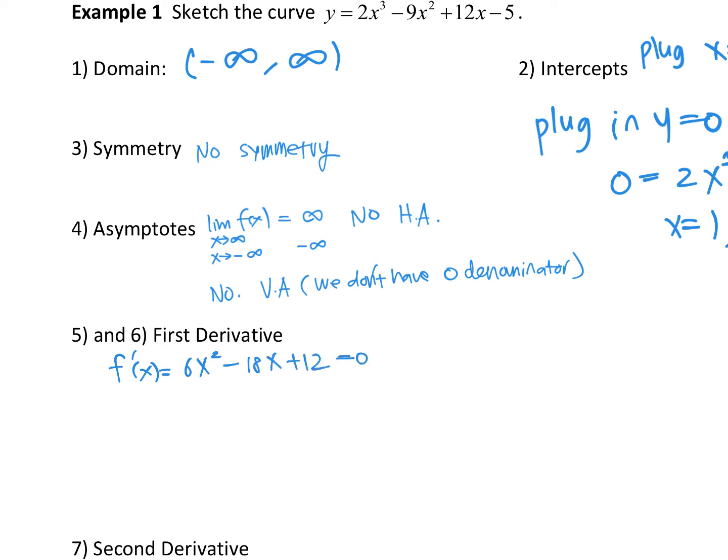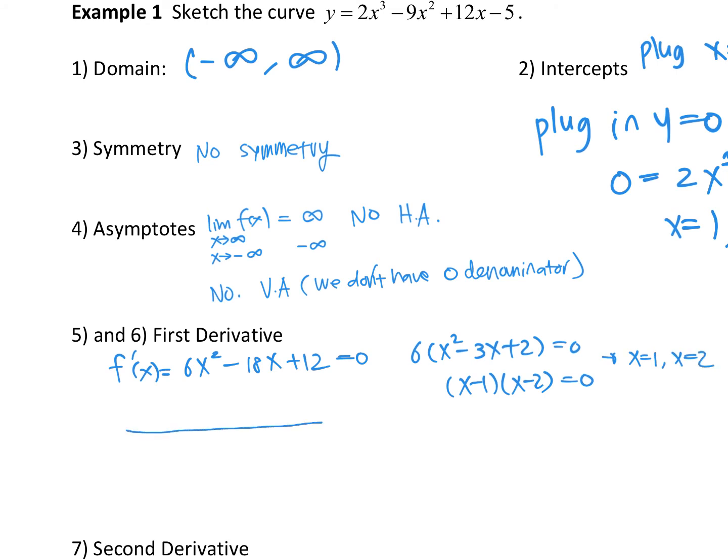I'm going to set that equal to 0. That's when you have a horizontal tangent line, so the function is not increasing. That's basically your critical point. I can factor out 6: x squared minus 3x plus 2, so (x minus 1)(x minus 2) is equal to 0. So x equals 1 and x equals 2 are the critical numbers.